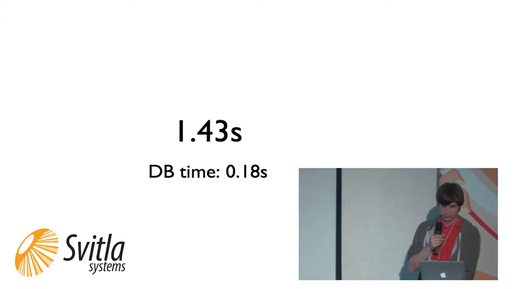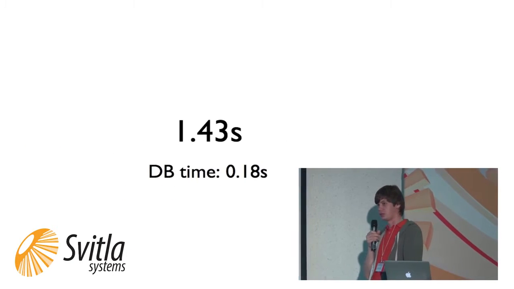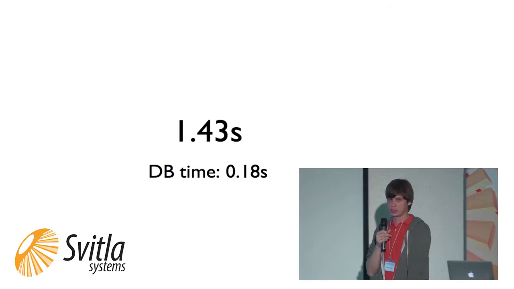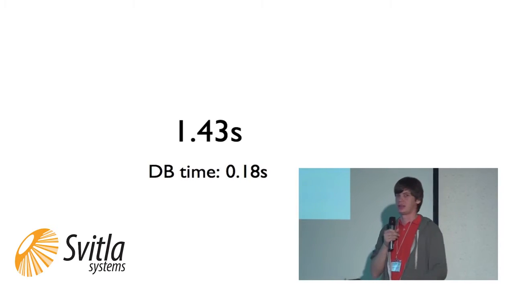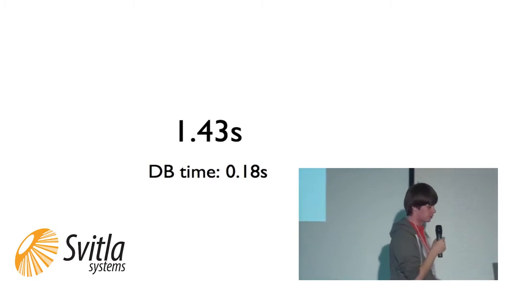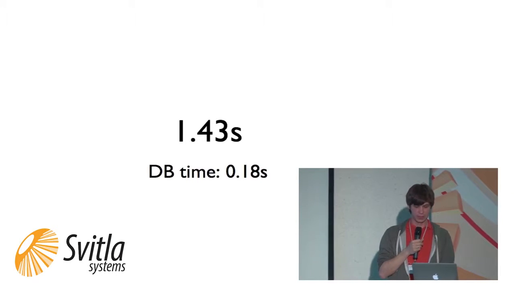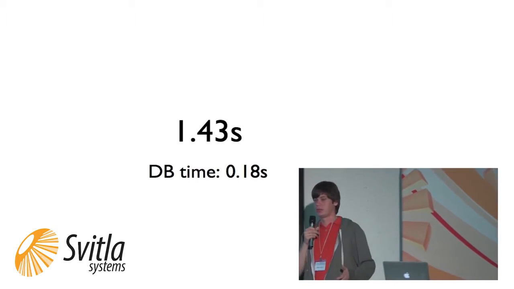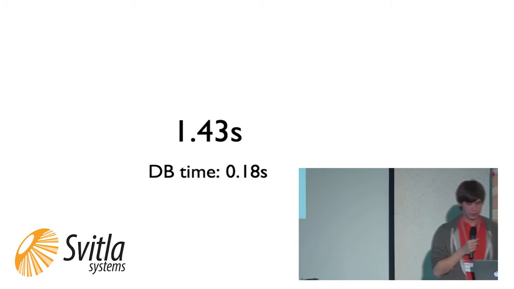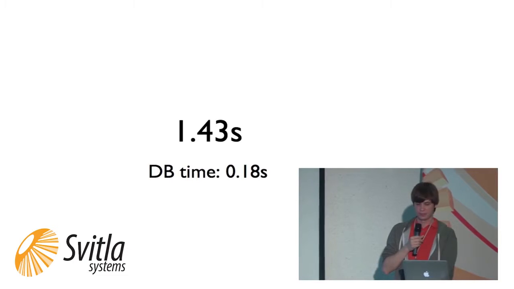And still, this Rails application was processing even slower than Perl on that outdated processor and RAM. So what can we do? What can we optimize?